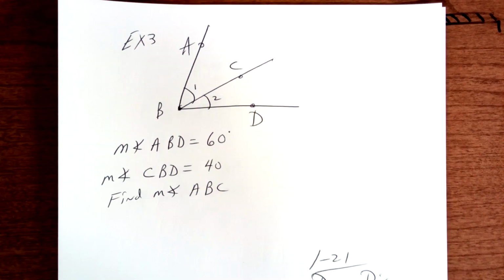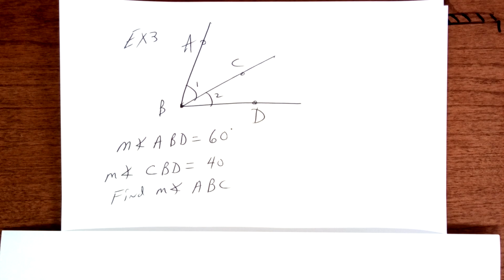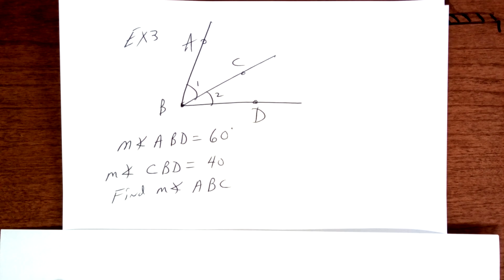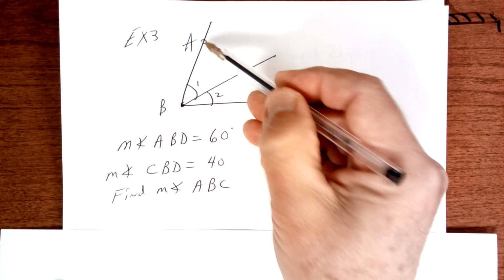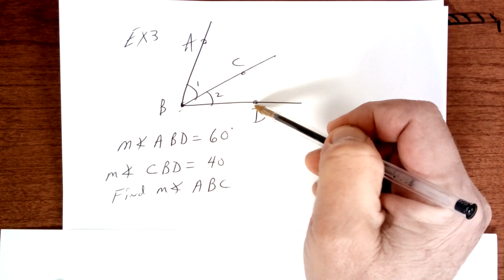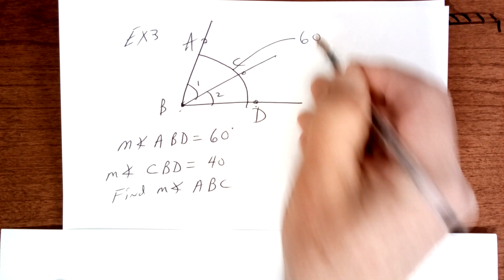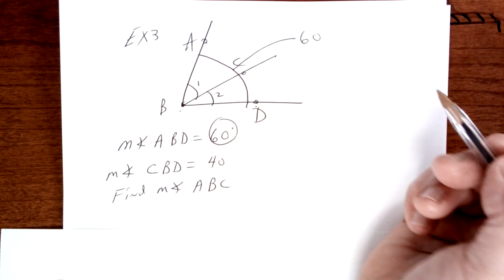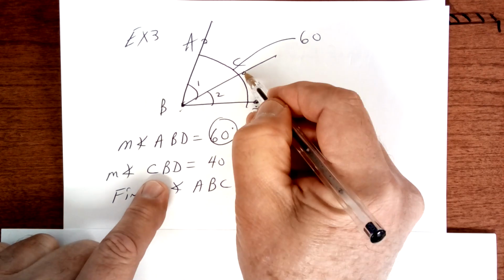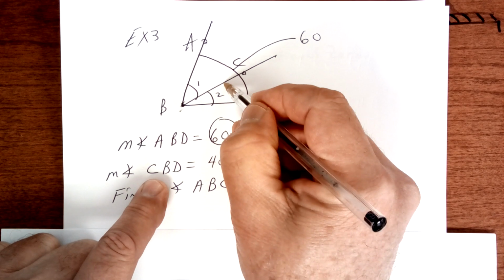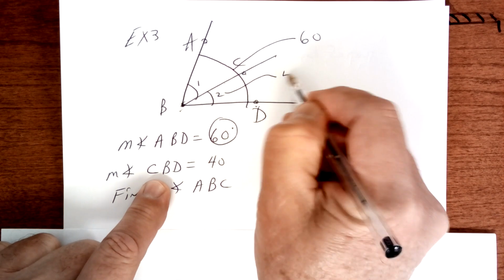Draw this diagram. All right, so ABD. So put your pencil, A, B, D. That's the whole thing. The whole thing is 60 degrees, right here. And then CBD, CBD is this one, number 2. And number 2 is 40 degrees.